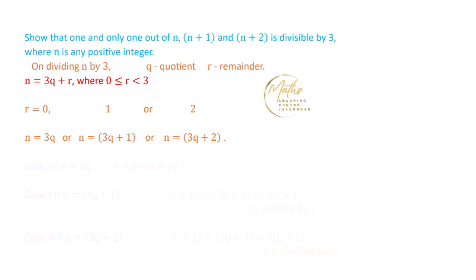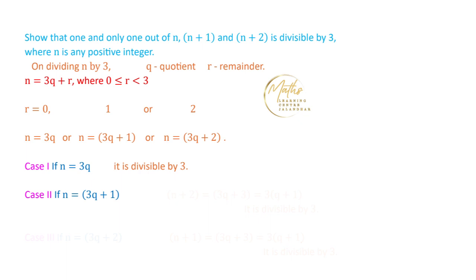So the first case we are taking is if n is equal to 3q, then clearly this number n itself is divisible by 3. Next, if n is of the form 3q plus 1, then clearly n is not divisible by 3.